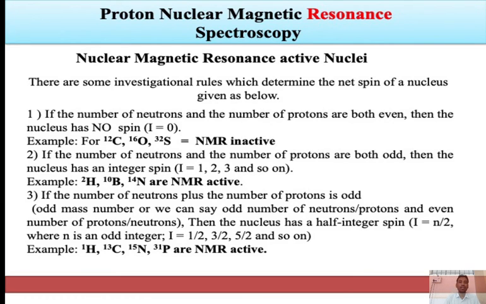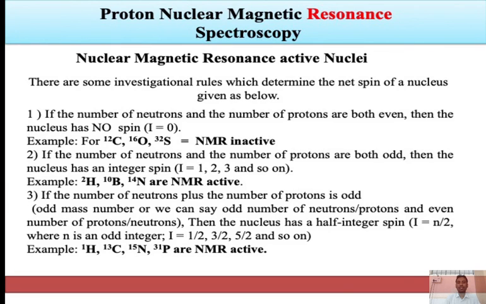Second, if the number of neutrons and the number of protons are both odd, then the nucleus has integral spin. For example, H2, B10 and N14 are active.